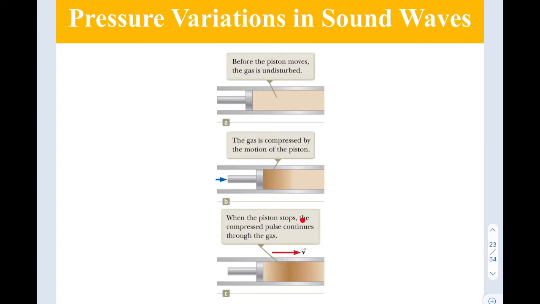When the piston stops, the compressed pulse continues through the gas. Just now it was here, and it is going to transfer the pressure to this area and this area right now. It is similar to the way a pulse moves in a stretched string.